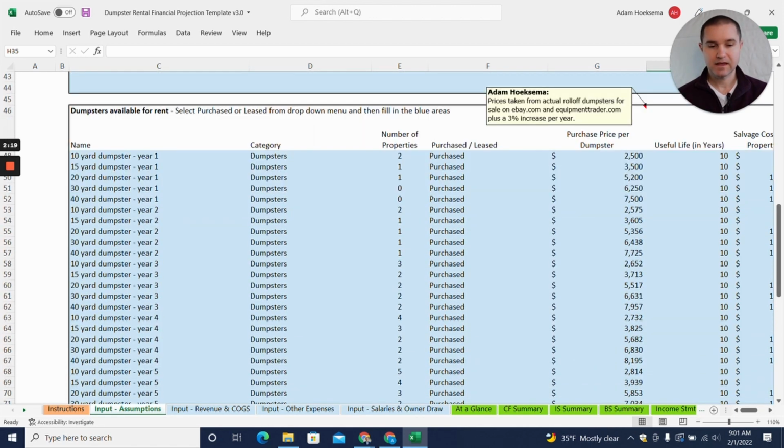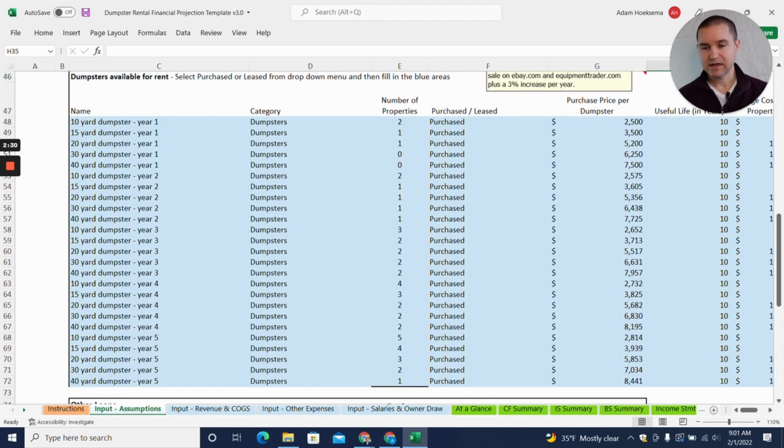Now, here is an example of how we can enter in our inventory of dumpsters that we have available to rent out for others. And so what I've done here is I put in different types of dumpsters, 10 yard, 15 yard, 20, 30, and 40 yard dumpsters for year one.